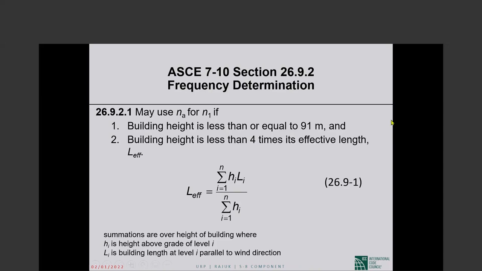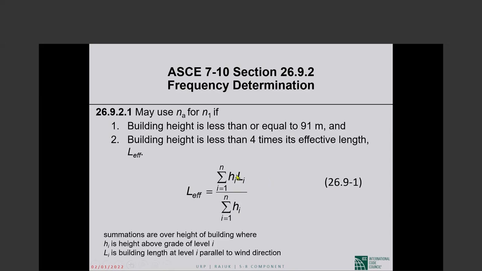So L is always the plan dimension parallel to wind, and B is the plan dimension perpendicular to wind. Remember that always in ASC 7 wind provisions.